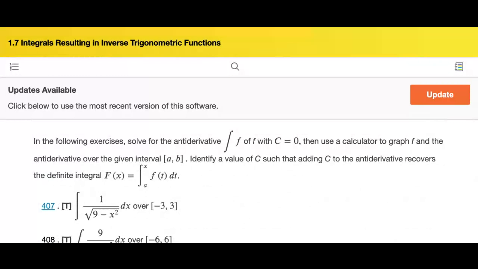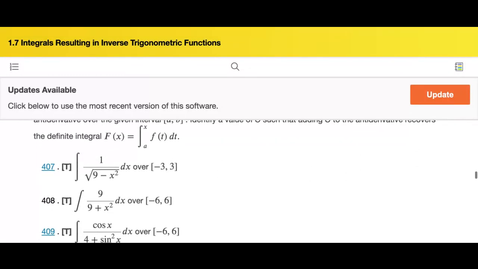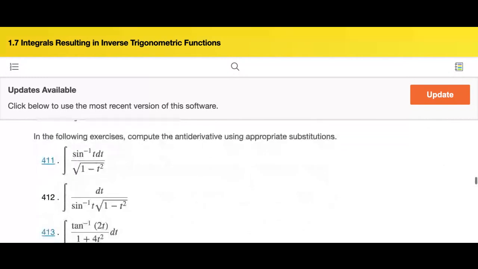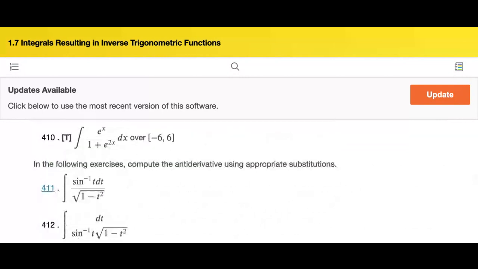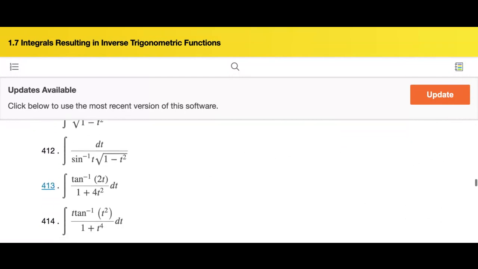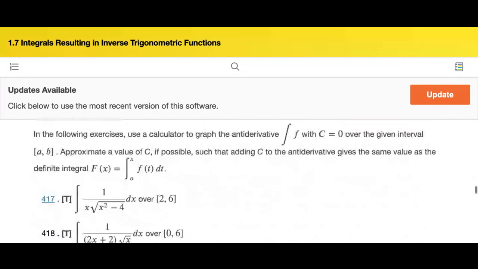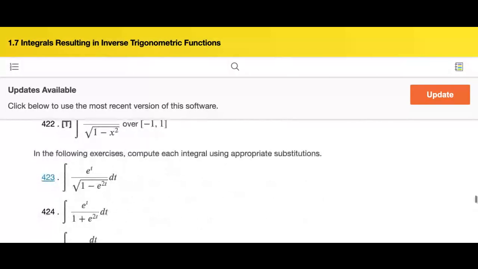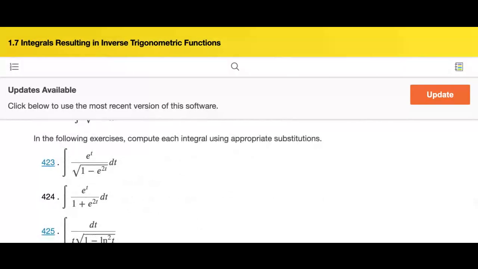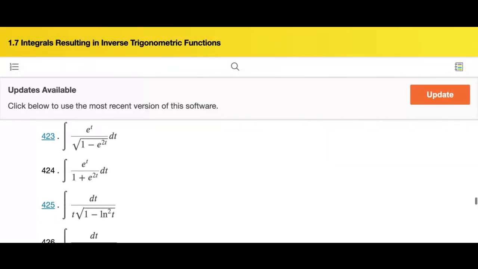So use calculator graphing. I don't need to graph it, but those are Q functions. Let's see, 411. Okay, 423 up to 424.